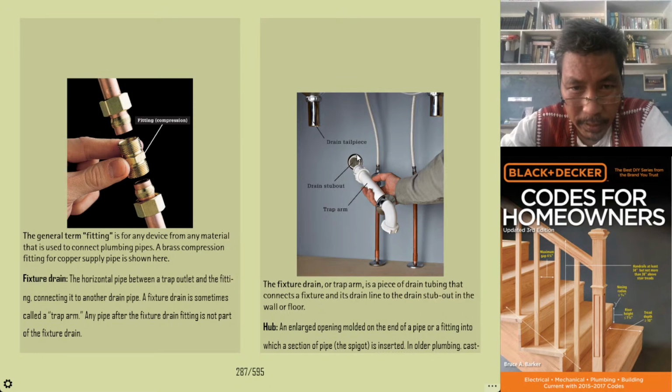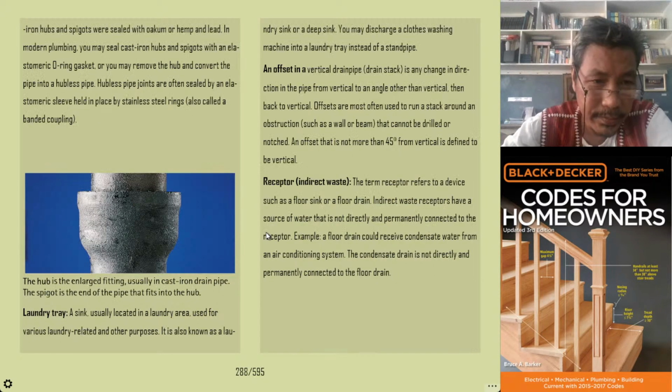What do you mean by hub? Okay, let's go into the next page. This is what we call the hub. The hub is the enlarged fitting, usually in cast iron drain pipe. A spigot is the end of the pipe that fits into the hub.